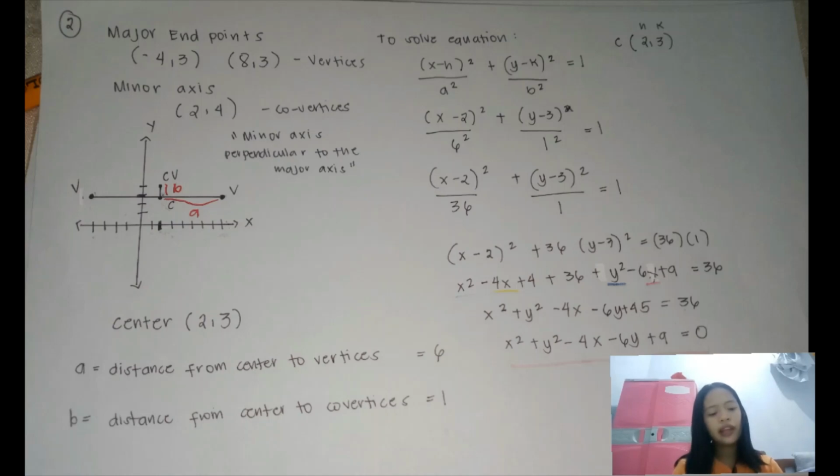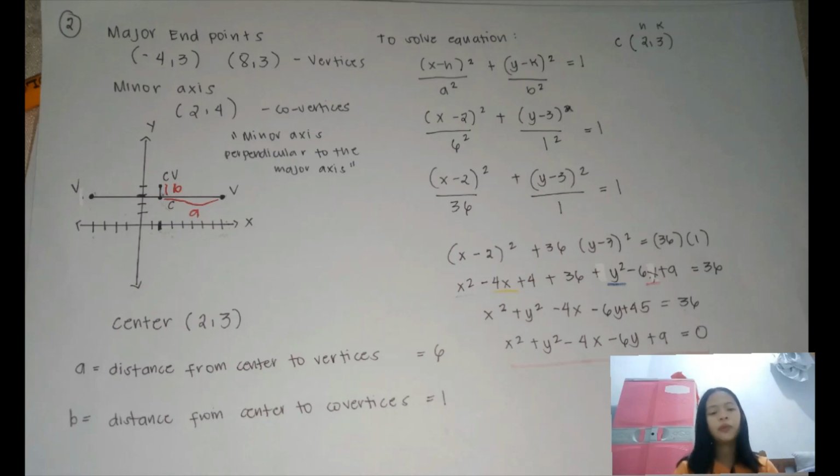On the right hand side we have 36, so we need to transpose 36, giving us x squared plus y squared minus 4x minus 6y, and 45 minus 36 gives us 9.